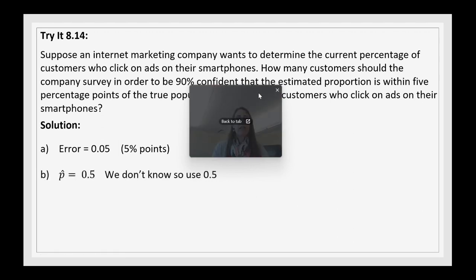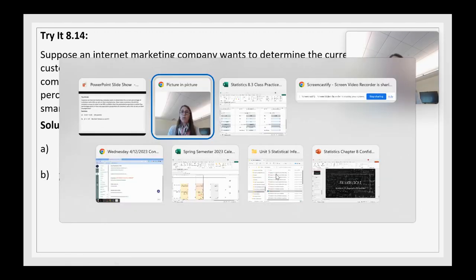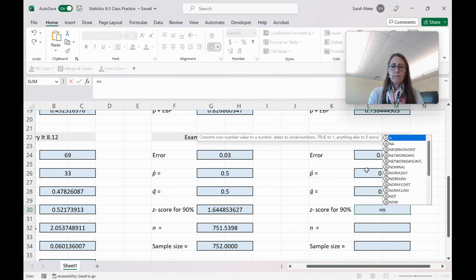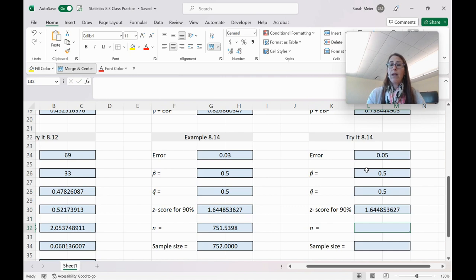We're not given a p hat, so we're going to use 0.5. Careful with your decimal places with problems like this. 1 minus 0.5 is 0.5. Same z-score, norm.inv, 1 minus 0.1 divided by 2, comma 0, comma 1. And what is our n?